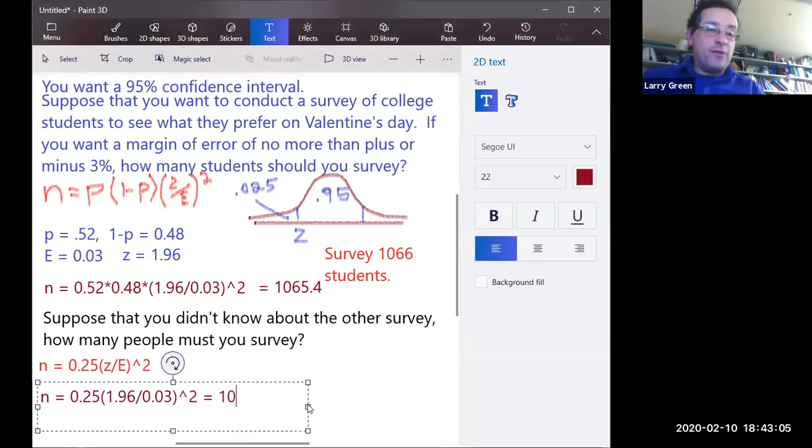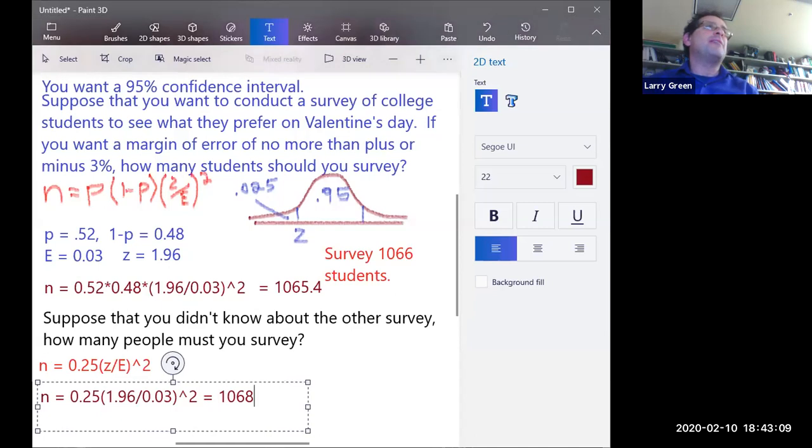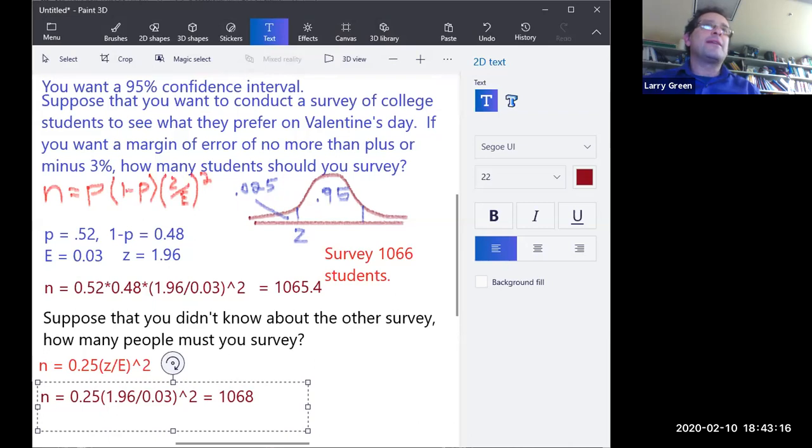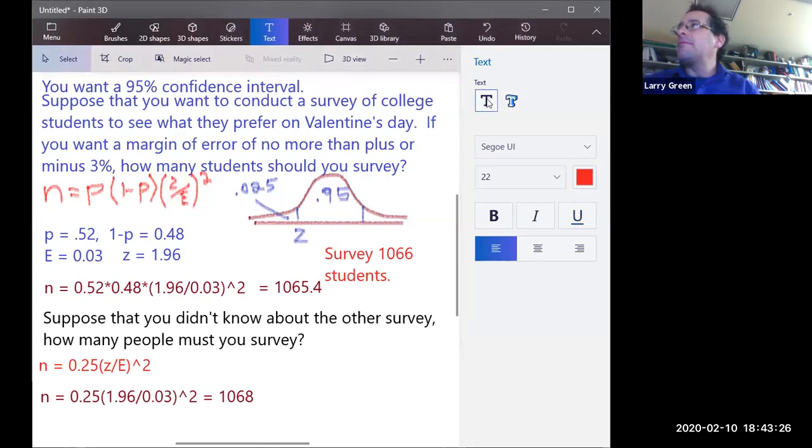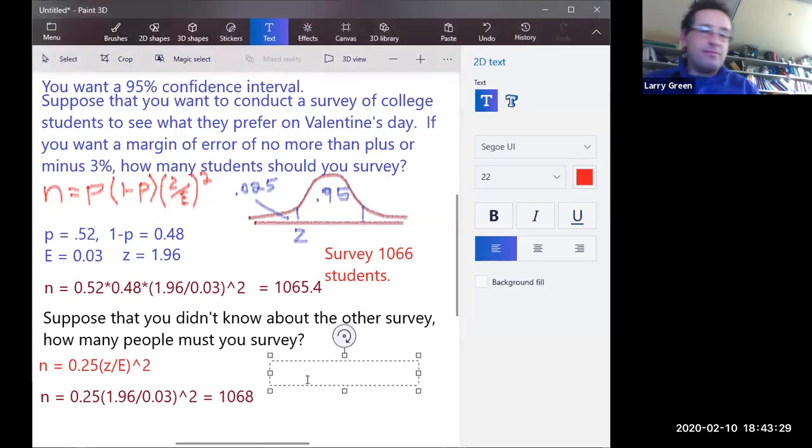It's actually 1067.11111, but round up, and it's 1068. So in that case, we need to survey a little bit more. So survey 1068 students.